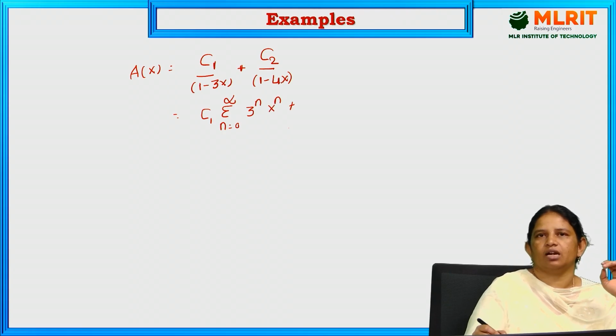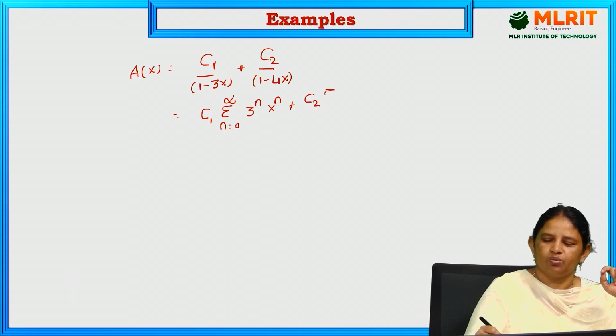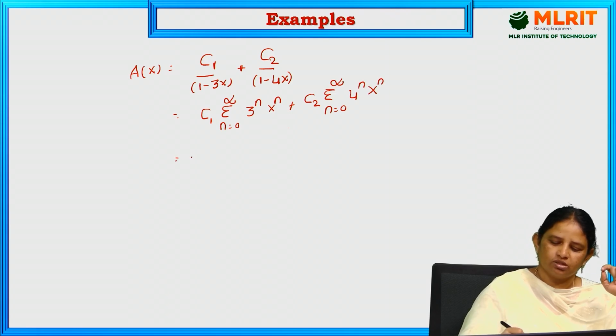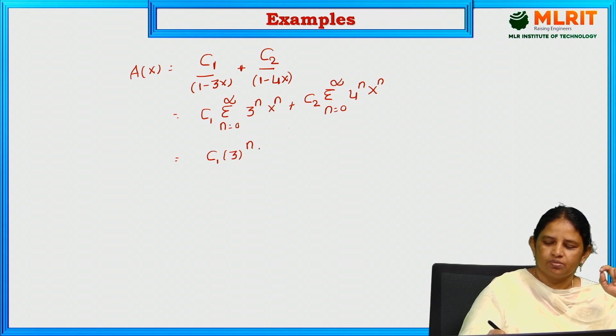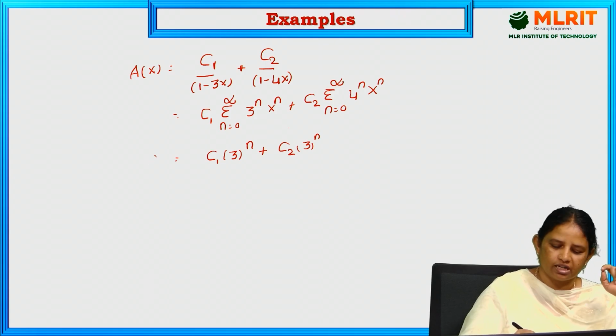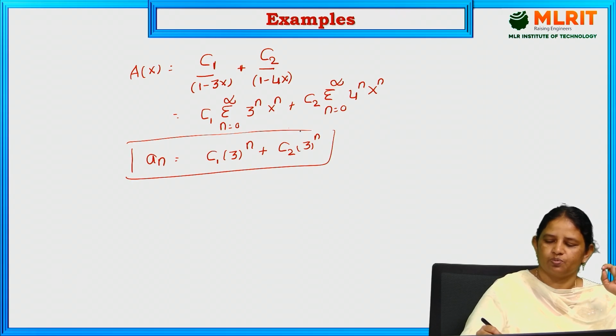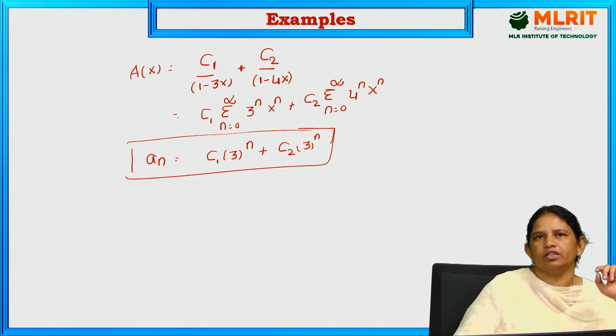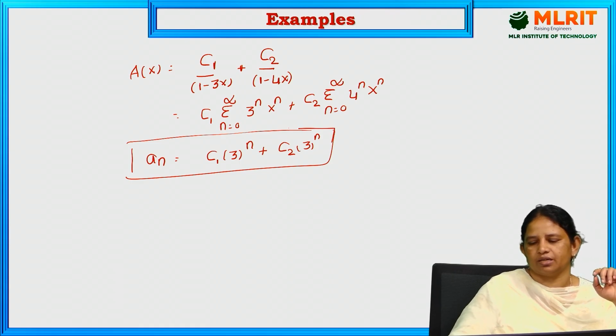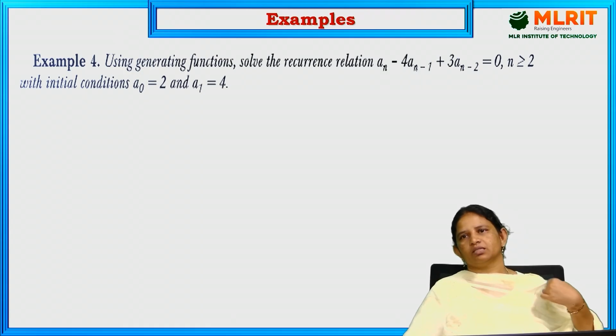In the same way, the generalized formula for 1 by 1 minus 4x is 4 power n x to the power of n, times c2. So a n is c1 into 3 power n plus c2 into 4 power n, the solution for the recurrence relation a n. If the n value is given, we substitute those values and find the solution for the recurrence relation. Next, consider the next example.